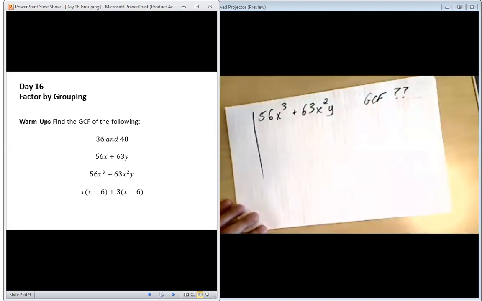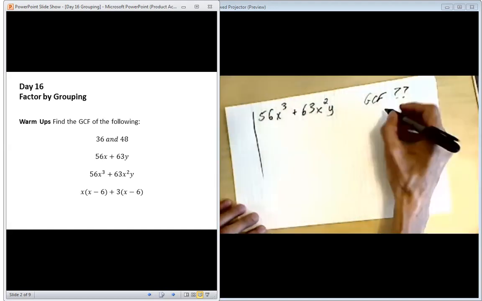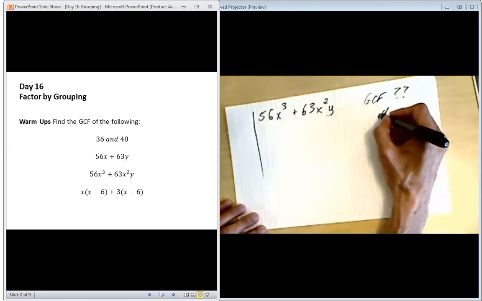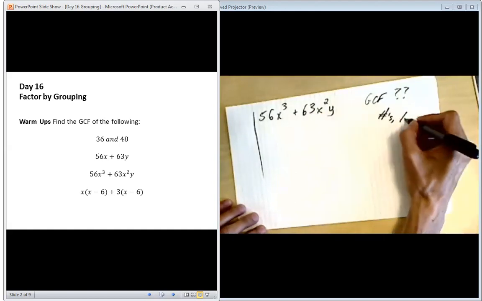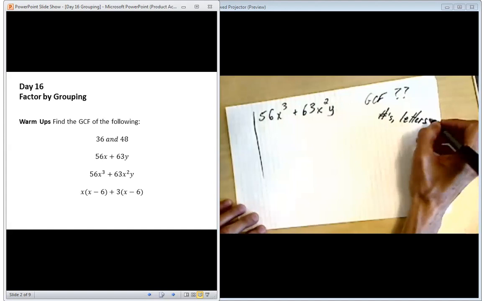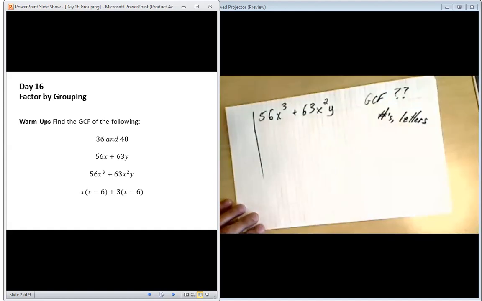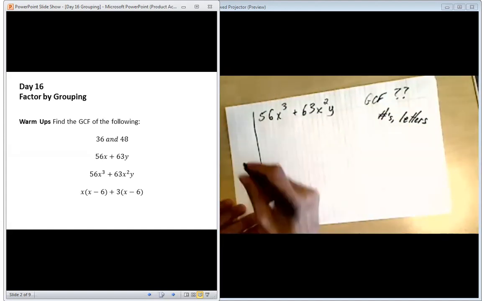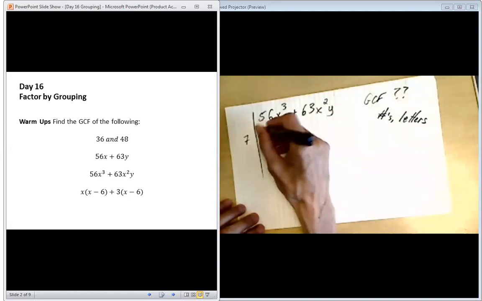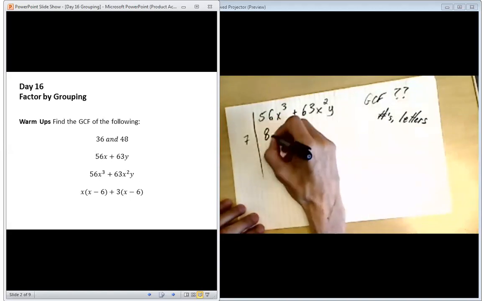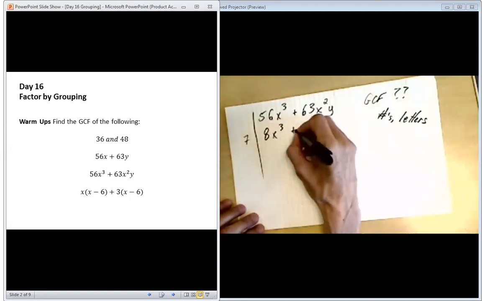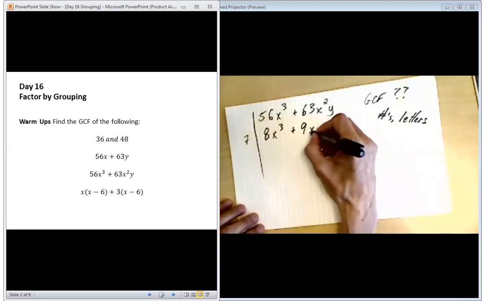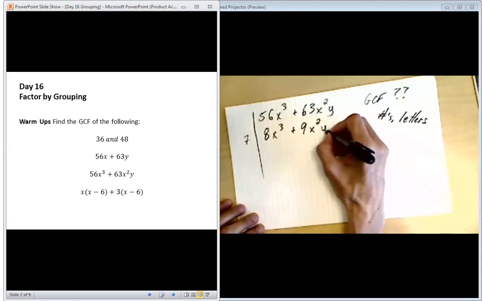I see the same numbers though, so I'm pretty sure a 7 is going to show up. But you also got to think of the letters as well. So the numbers and the letters. That's what's a little special with this one, okay? So doing the numbers first, we get 7 and that'll be 8 again. You get those from dividing as usual.